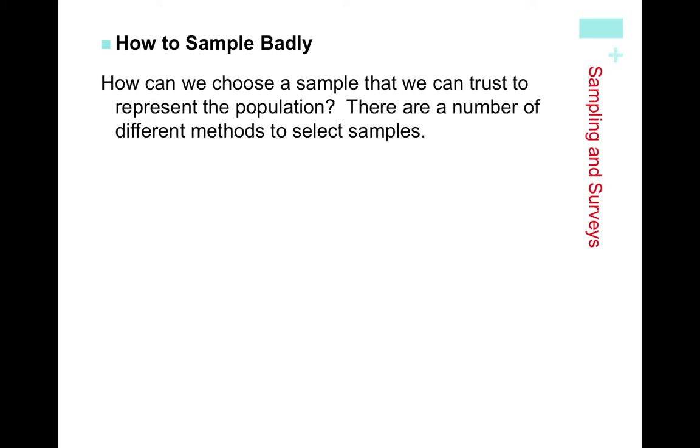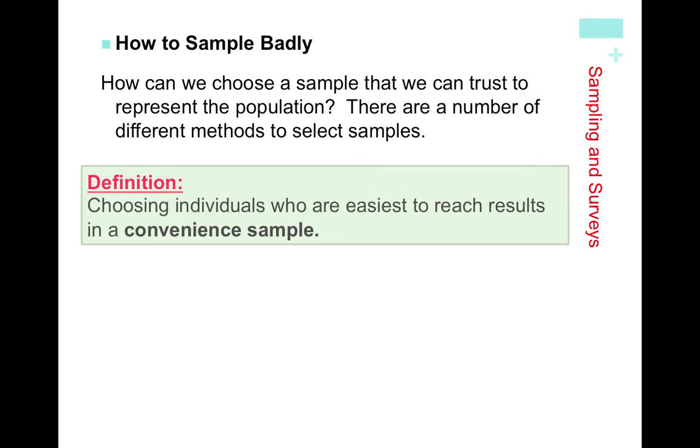Why? Because probably the majority of the students in the library would be more, let's say, studious students who would likely spend more time on homework than others, okay? So this would be known as a convenience sample. So it's unlikely that this sample would accurately represent the population that you're looking at.